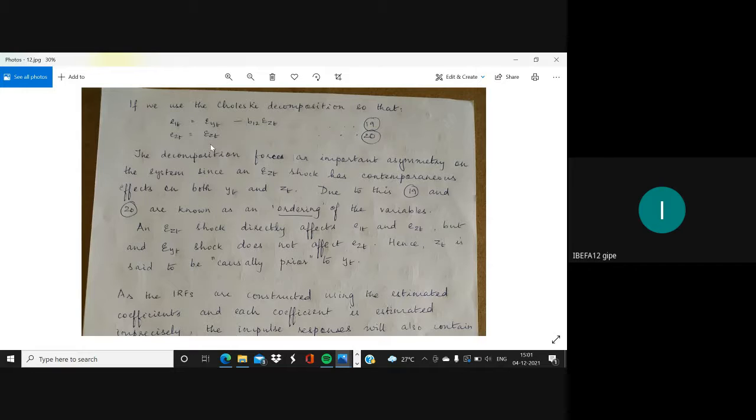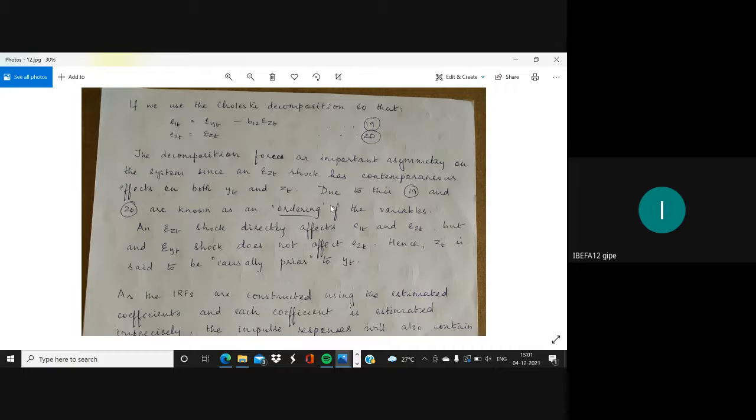So the decomposition basically forces an important asymmetry on the system, since an epsilon zt shock has a contemporaneous effect on both yt and zt, but an epsilon yt shock will not have a contemporaneous effect on zt.